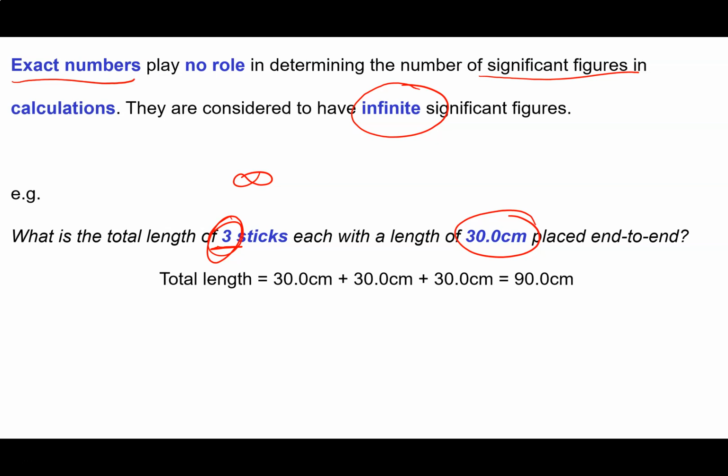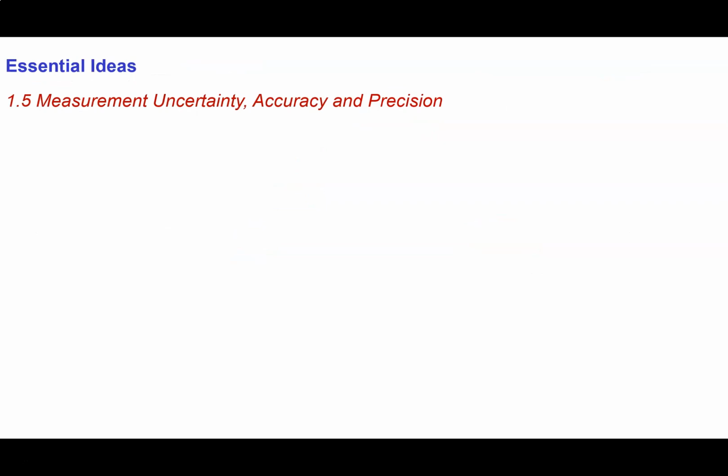This 3 here doesn't have 1 sig fig. It actually has infinite sig figs because it is an exact number. So exact numbers don't have any role in determining the number of significant figures. If you're unwilling to just ignore them, you can consider them to have infinite significant figures.